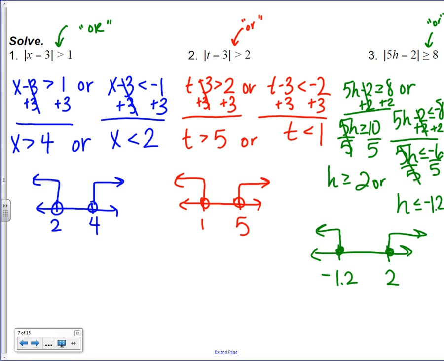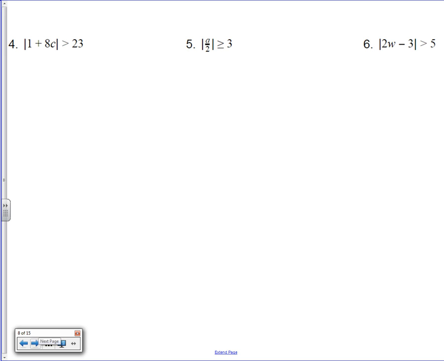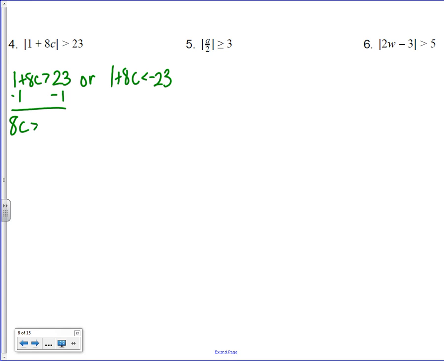All right, I think we've got 3 more down here. These are all greater than problems. So we're going to set up our positive version or our negative version. The negative version flips the symbol. Solve for C. Again, I am just isolating the C here.